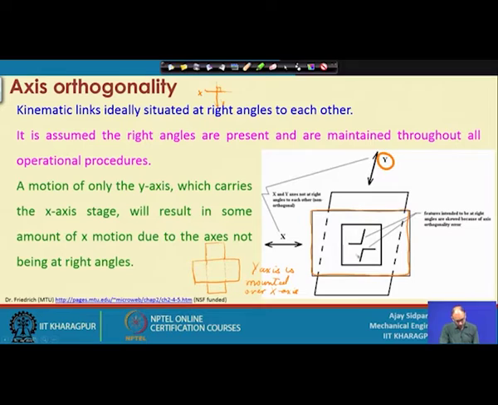Now, you want to create two features here. So, this is the tool path which is shown here. Correct. What is our objective? Our objective is to create a component or machine something like this.